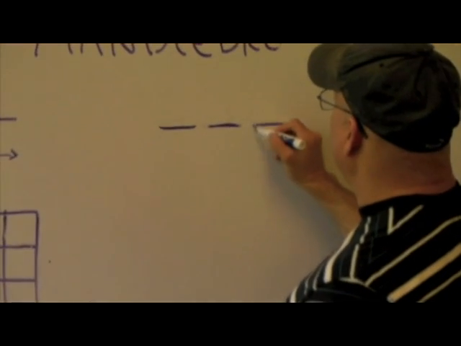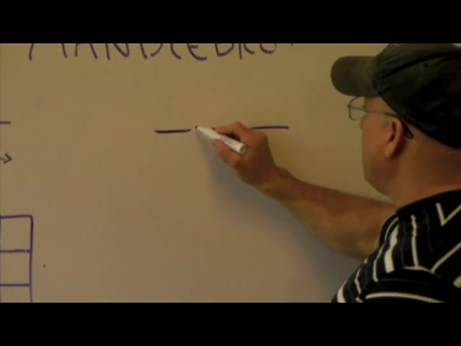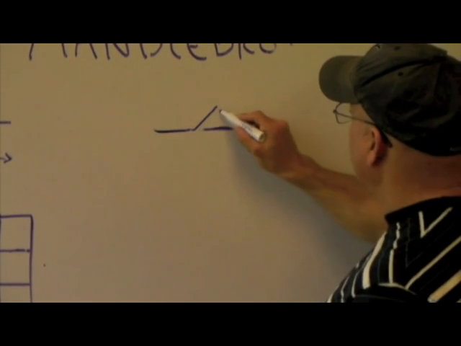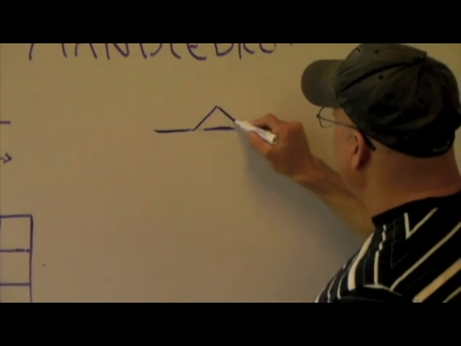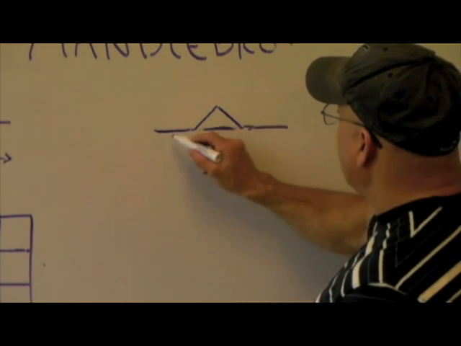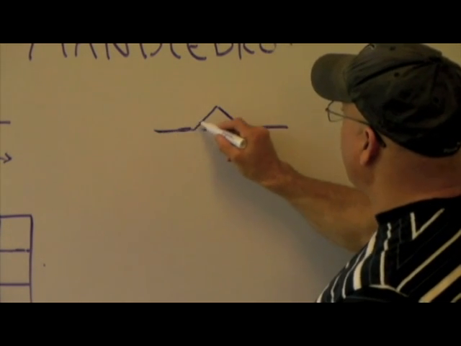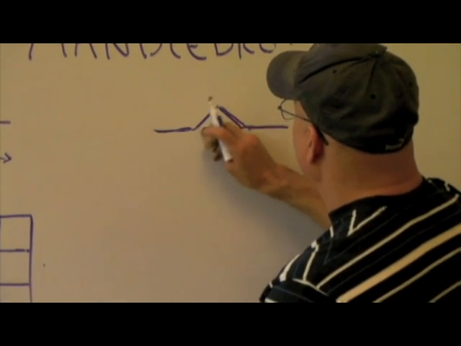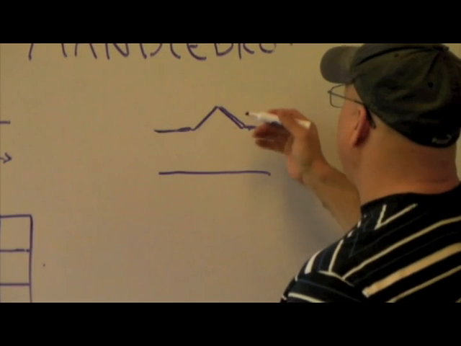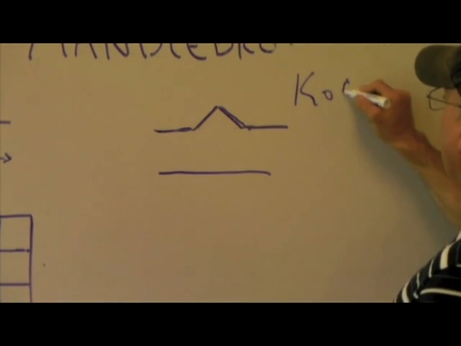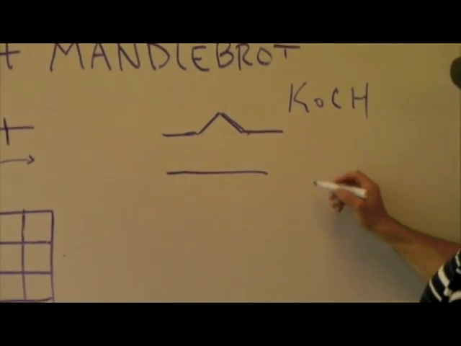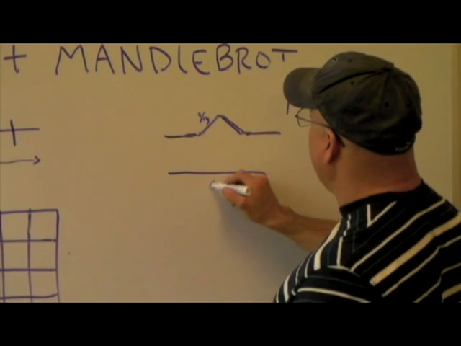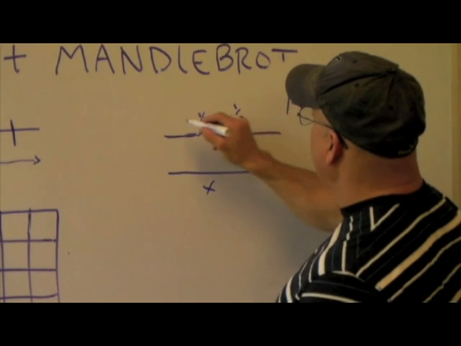Now if I take these 2 end segments and attach 2 segments that converge, and I make these 2 segments each the same length as the original segment, I now have this line. I now have what is known as the Koch curve, and each segment is 1/3 the length of the original segment.